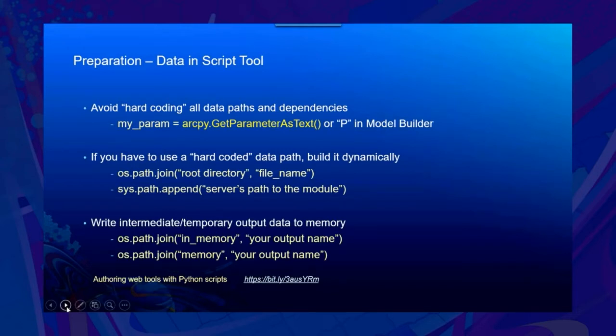But sometimes you do have a parameter that needs the data path hard coded. That's called project data, just like the unexposed parameters in ModelBuilder. If you have that, then try to build it dynamically. To do that, you can use either os.path.join to join the file path, or use sys.path.append to append your module.